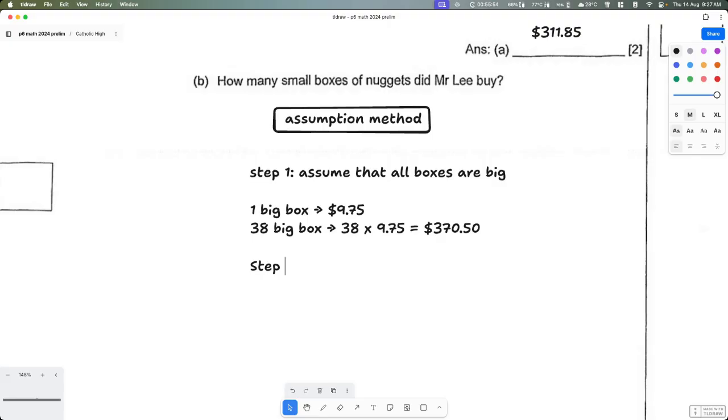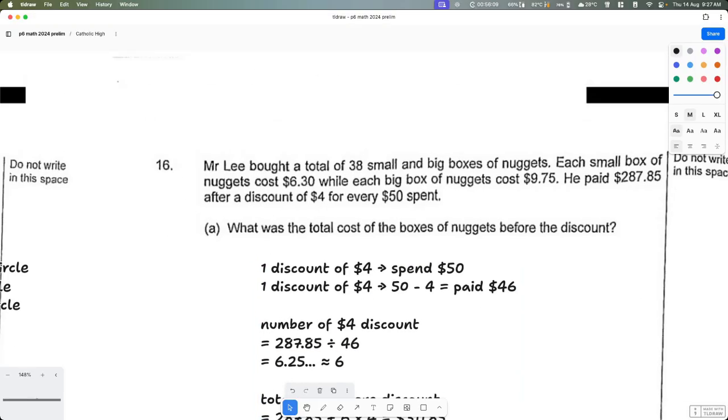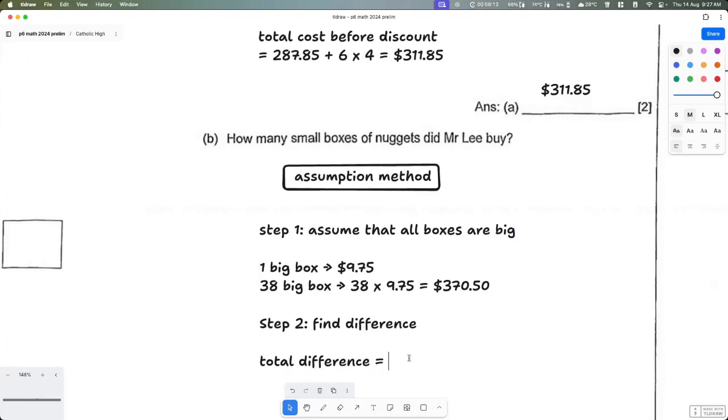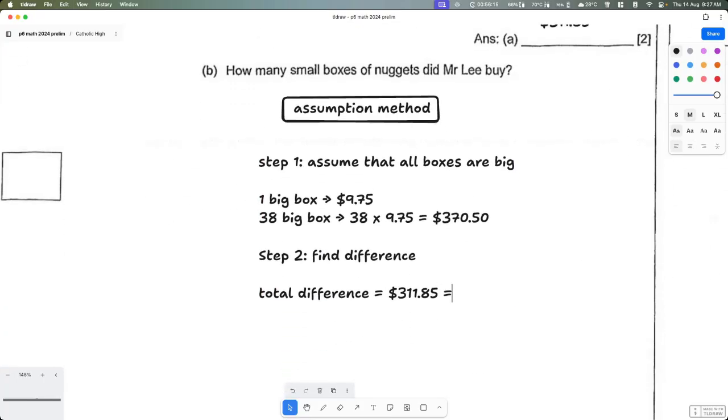Then step 2, find the difference. So the total difference is basically, what we spent is 311.85.